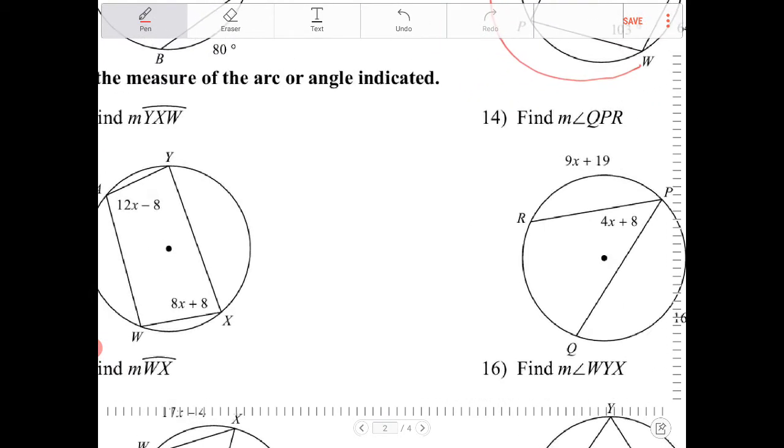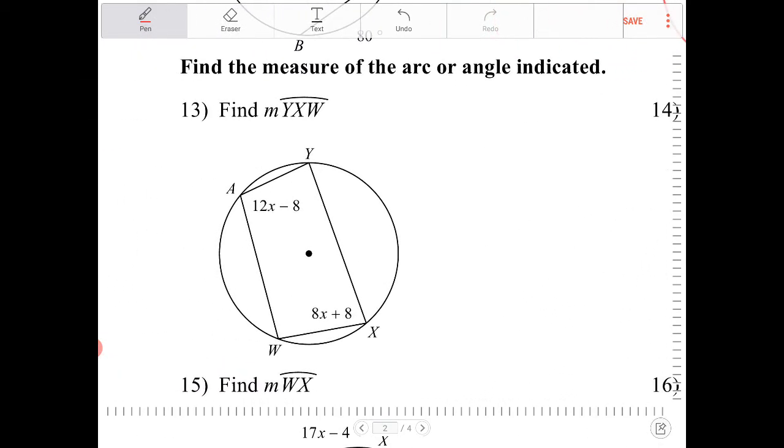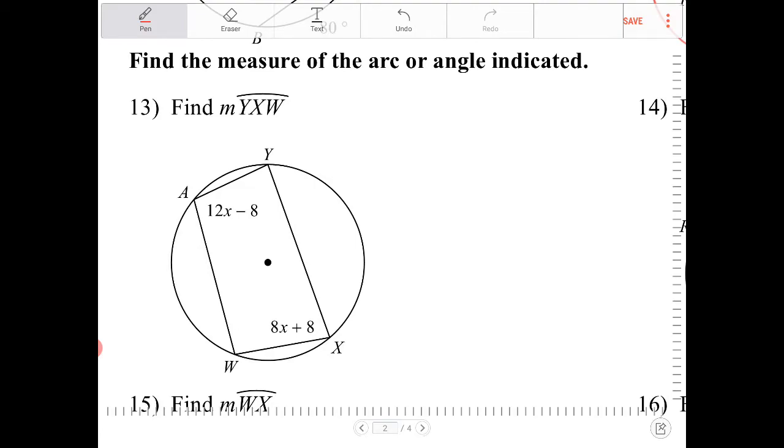So for these, really quickly here, angle A and angle X are opposite of one another, and this is a quadrilateral inscribed inside of a circle, so therefore I can say 12x minus 8 plus 8x plus 8 is going to be supplementary.